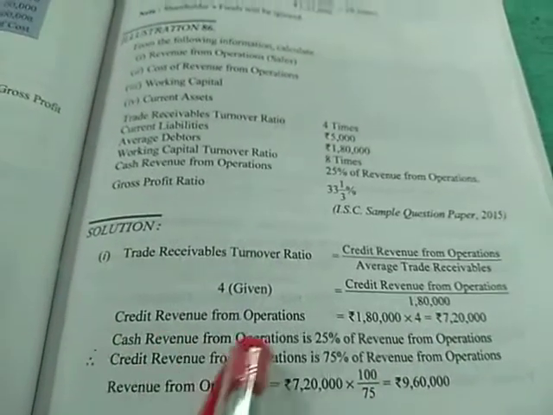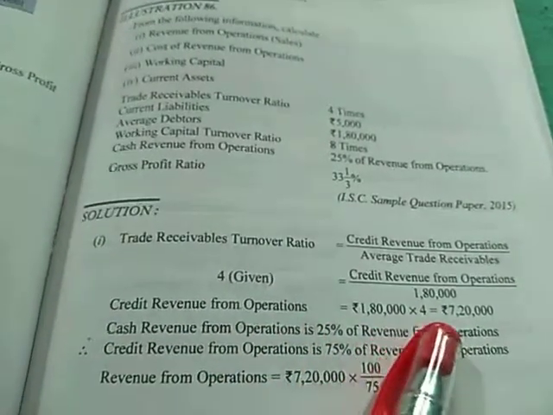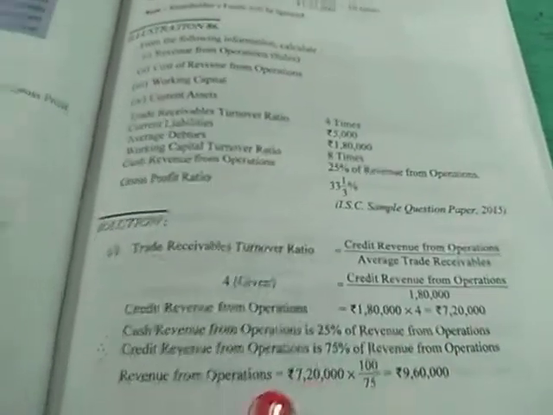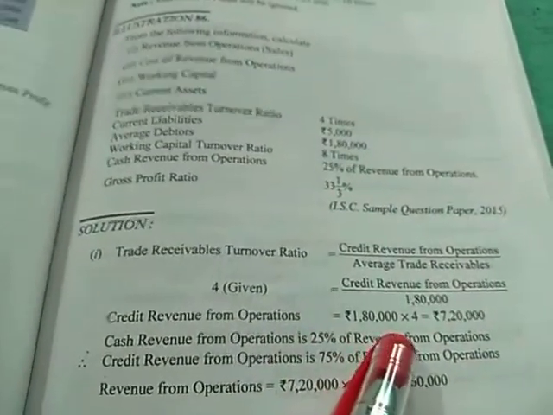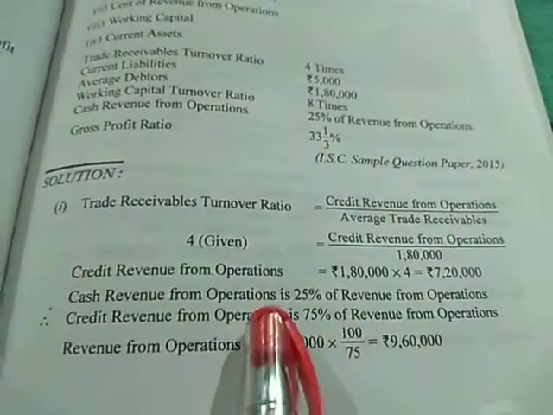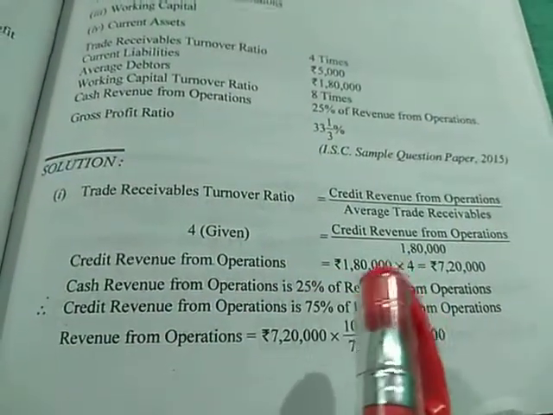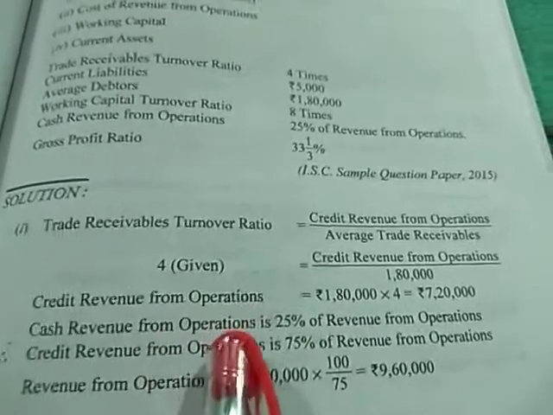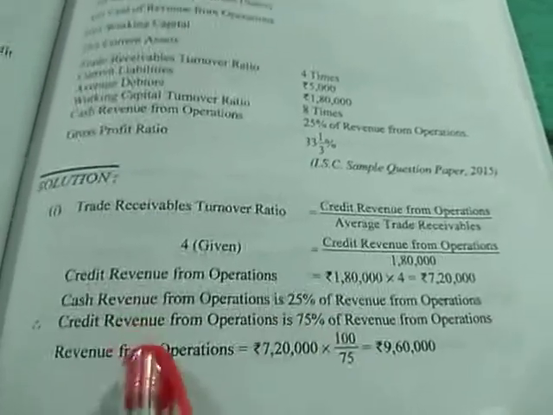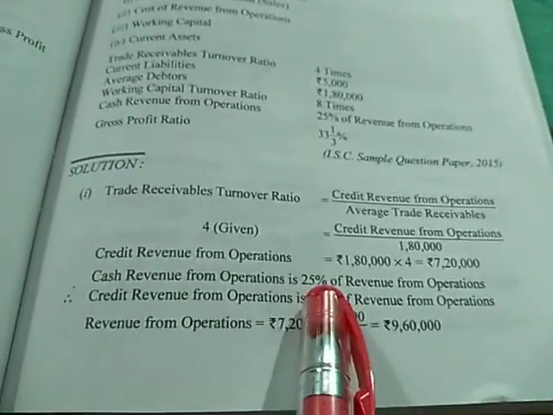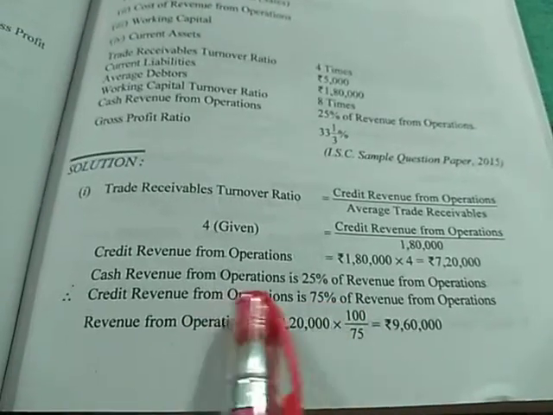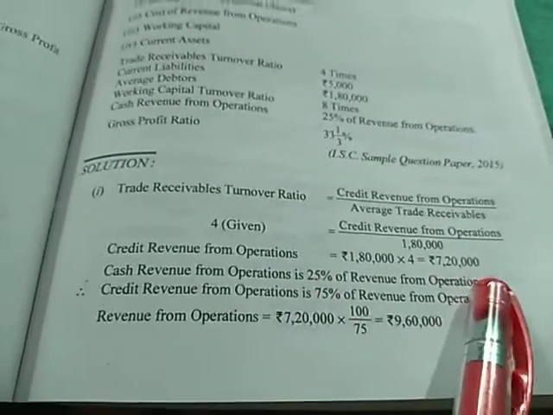Next, cash revenue from operations is 25% of revenue from operations. Now, total revenue from operations, whatever it is, for example X, cash revenue from operations is 25%. So the credit revenue from operations will be 75%. And the 75% is the credit revenue from operations that we know, 7,20,000.